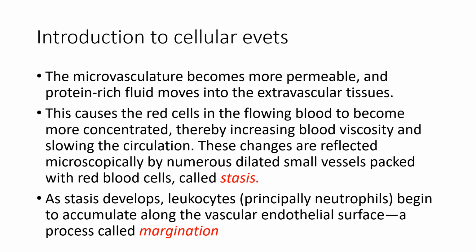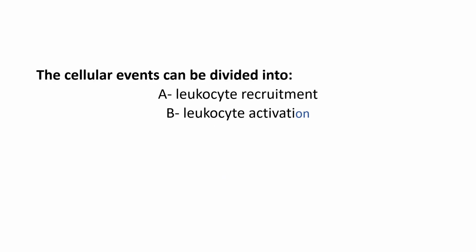I will talk later about the vascular changes and cellular changes in detail. The cellular events in acute inflammation are divided into two components: the leukocyte accumulation or recruitment, and also leukocyte activation, which is important for phagocytosis of the causative agents.